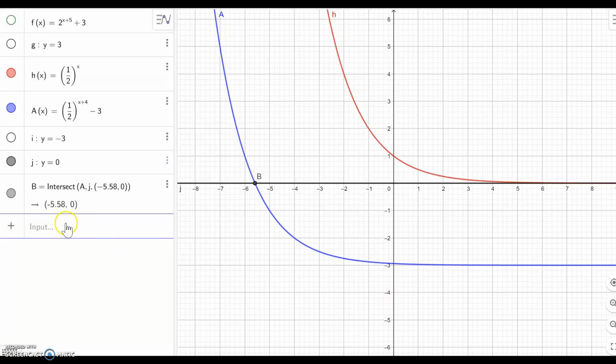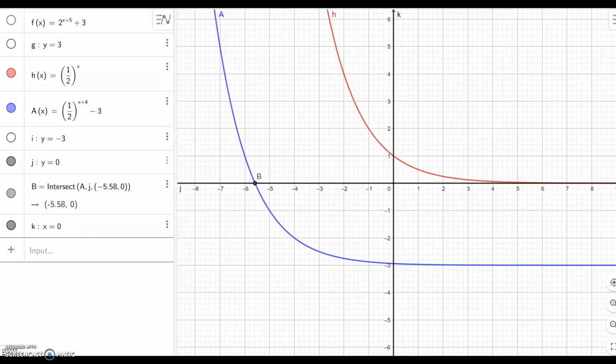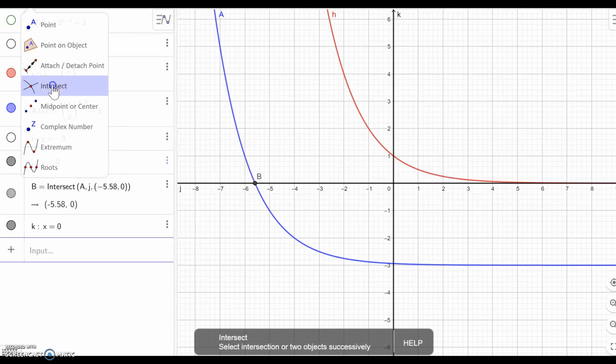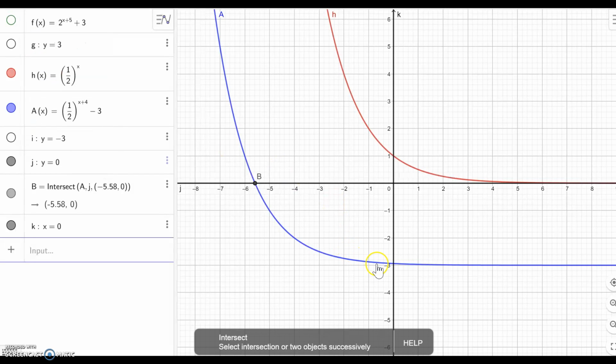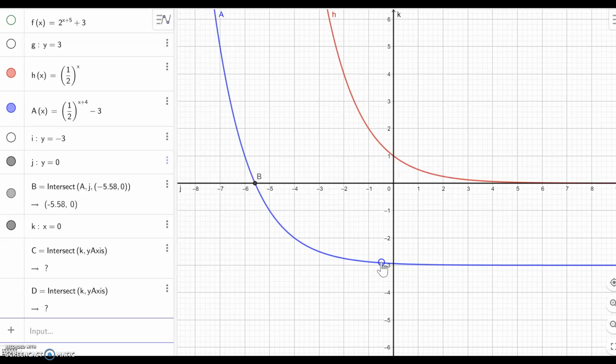Now the y-intercept is here, so I'm going to make an x = 0 line, and then find the intersect of this line and this line. Okay, so it's not working.